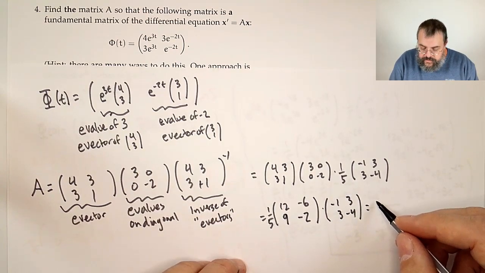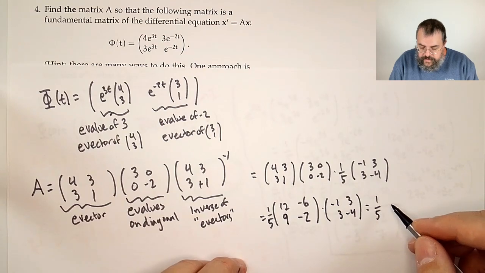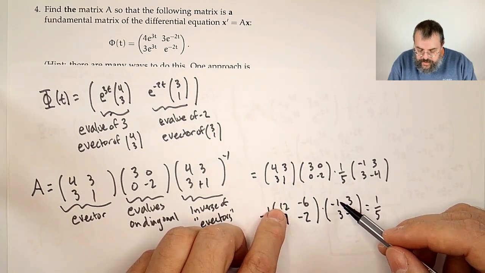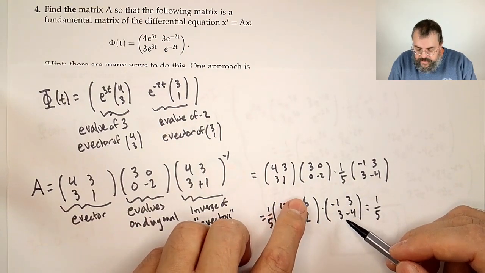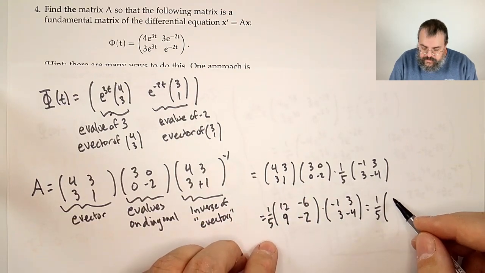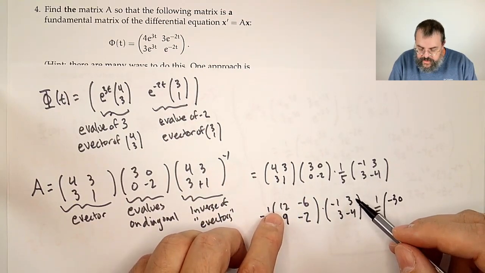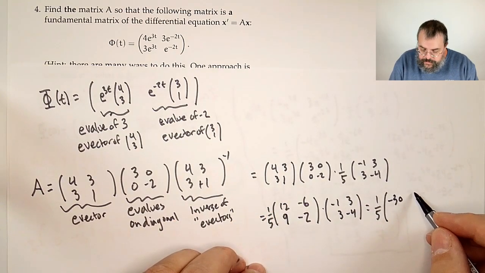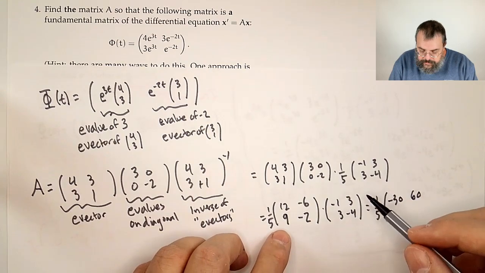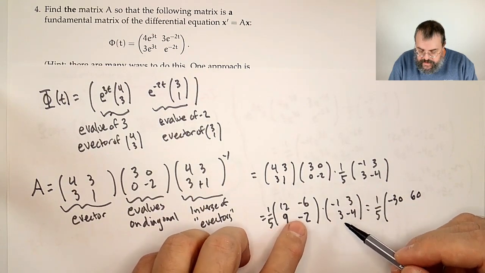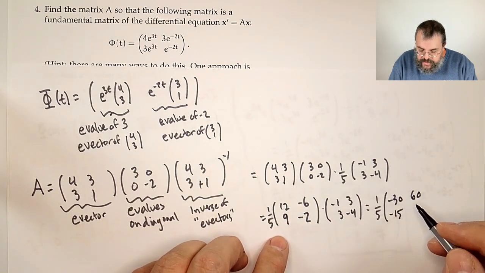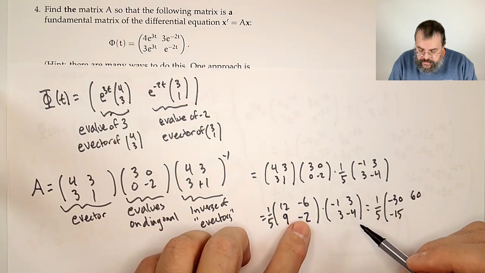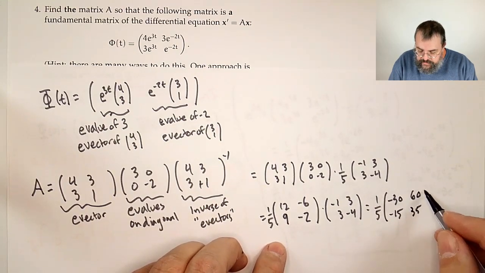And we say, okay, so that's really 1/5 of minus 12, minus 18. So that's minus 30. 36 plus 24 would be 60. Minus 9, minus 6, minus 15, and 27 plus 8 makes 35.